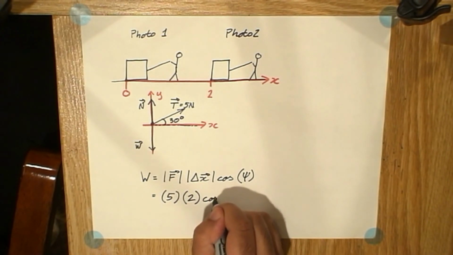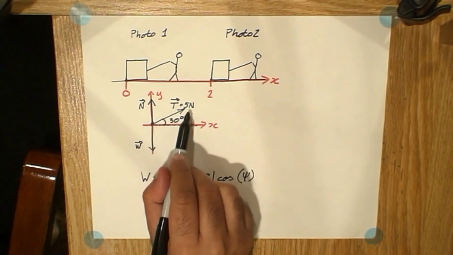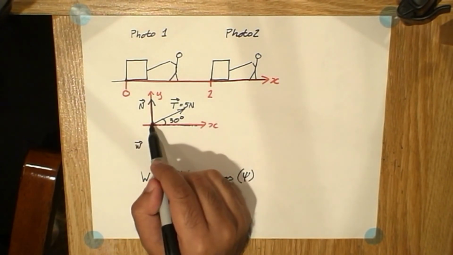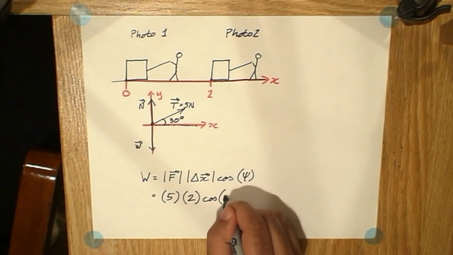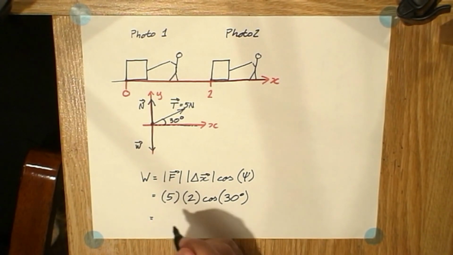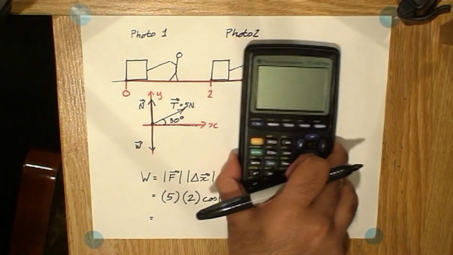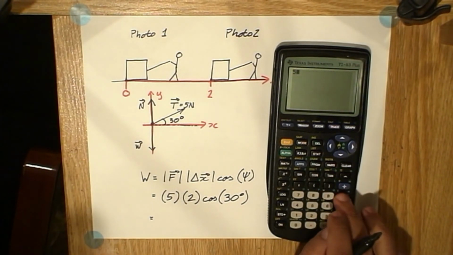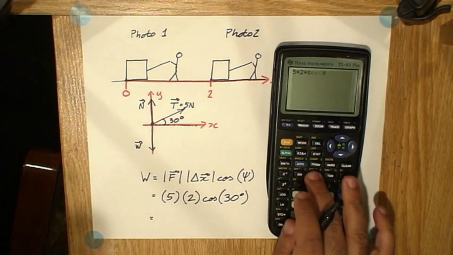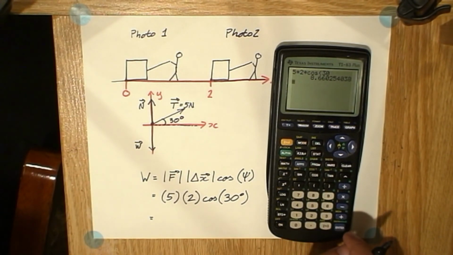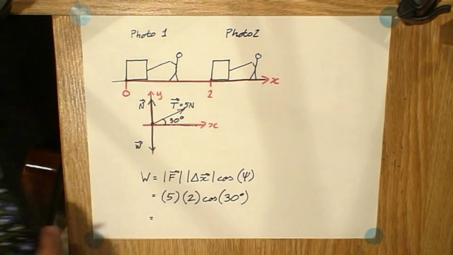But now, the angle between the tension and the direction of motion, which is x, is 30 degrees, since tension is 30 degrees above x. So the amount of work that was done is 5 times 2 times the cosine of 30 degrees, which is 8.66 joules.